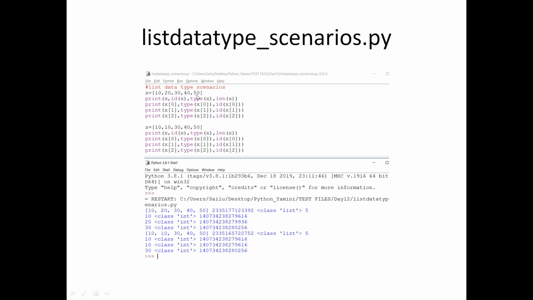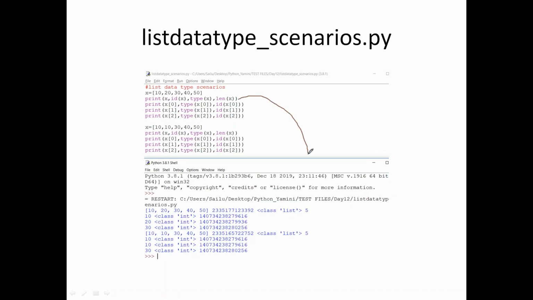So in square brackets 10 to 50, I have print x comma id of x, print type of x, and length of x. Just try to understand these 4 parts. x is going to display the value, id is going to display the address of the location, type is going to tell you the data type, and length is going to tell you how many values or how many contents I have.